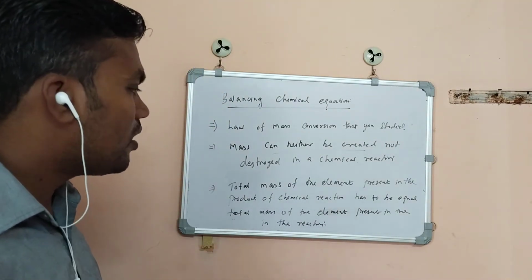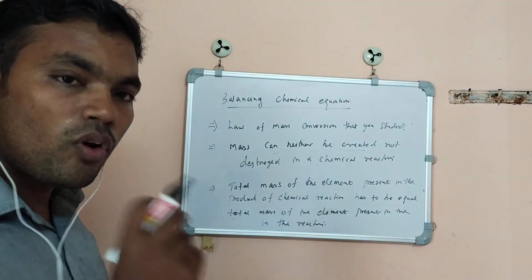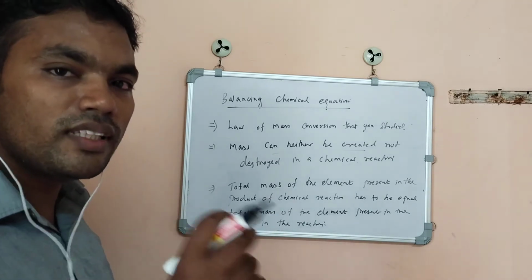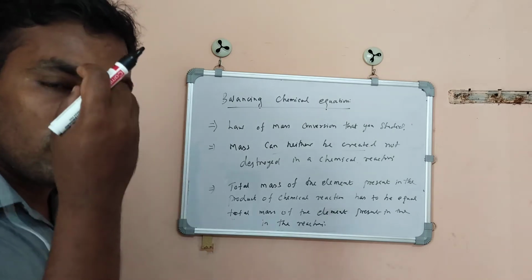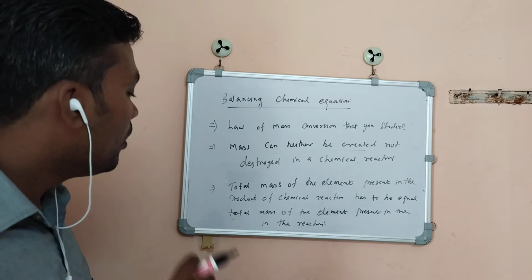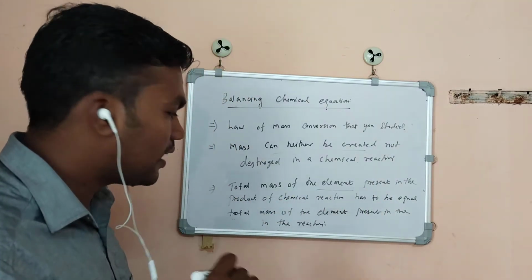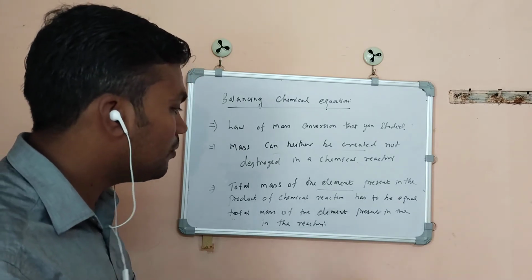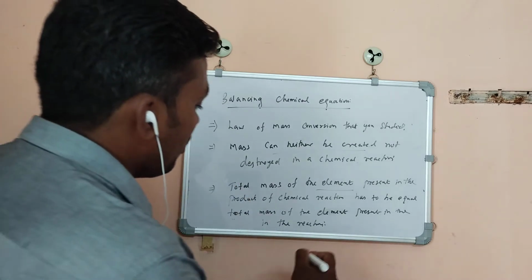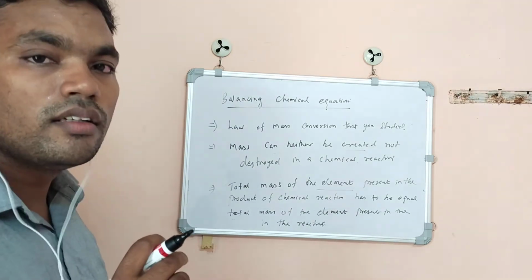Third, the total mass of the elements present in the products of the chemical reaction has to be equal to the total mass of the elements present in the reactants.